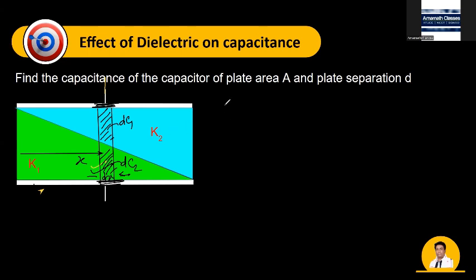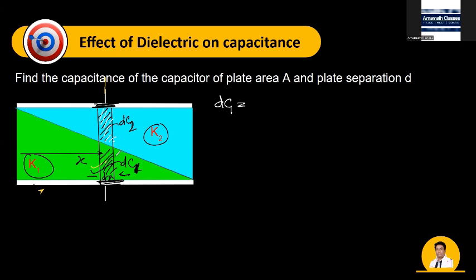So first of all, let me understand what dC1 is. dC1 is nothing but the capacitance of this portion. This one you can take as dC2 because the dielectric constant I have taken is 2 now. Say this is dC2 and this is dC1. This plate's dielectric constant is K1 and here it is K2.